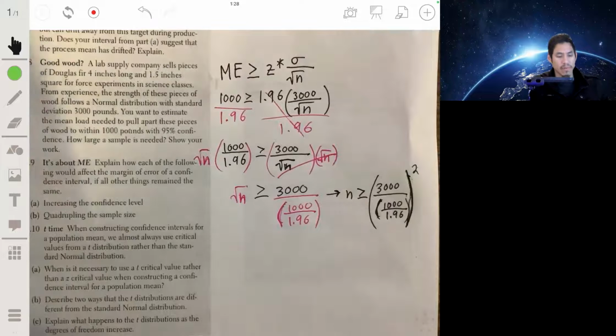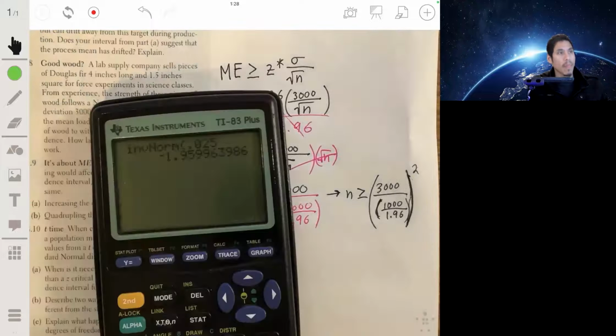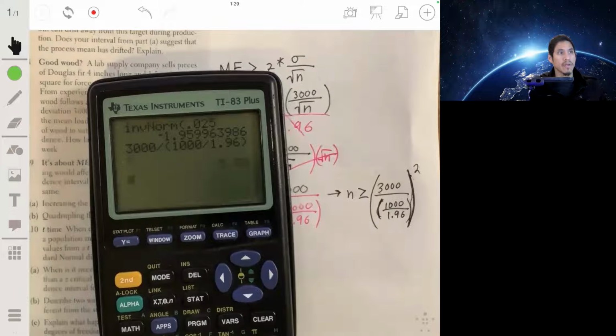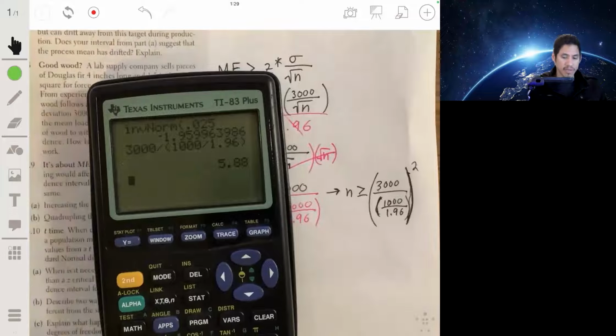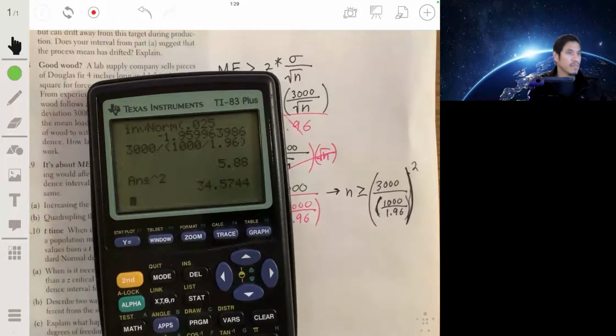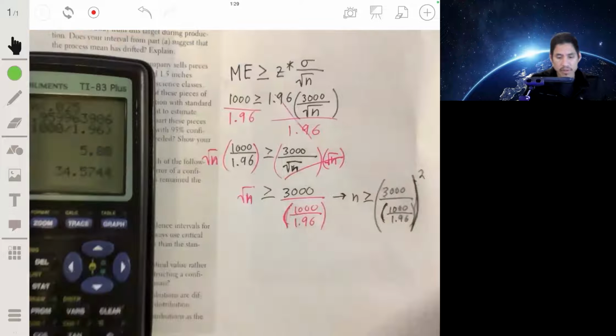So we're going to have 3,000 divided by, open the parentheses, 1,000 divided by 1.96, close parentheses, 5.88. Then we're going to square this, and it'll give us about 34.5744.